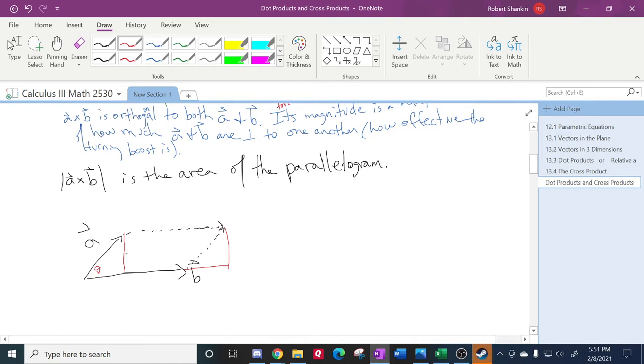Then we'd say the magnitude of B times this length. This length is the magnitude of A times the sine of theta. So the area of the parallelogram is equal to the magnitude of A times the magnitude of B times the sine of theta, which is A cross B's magnitude.